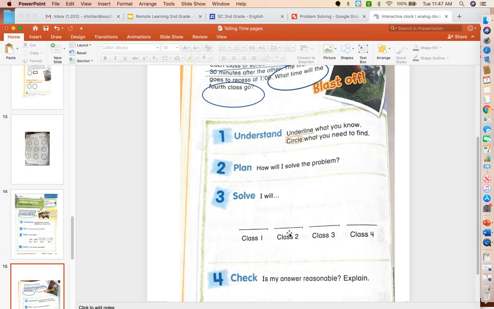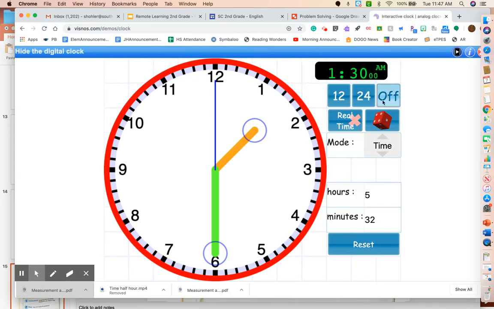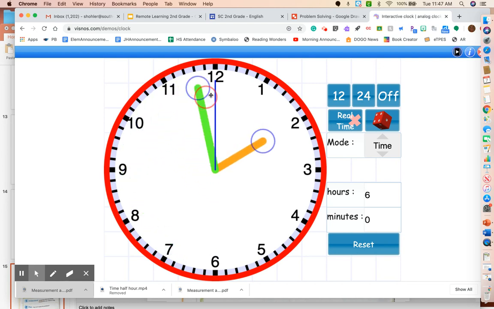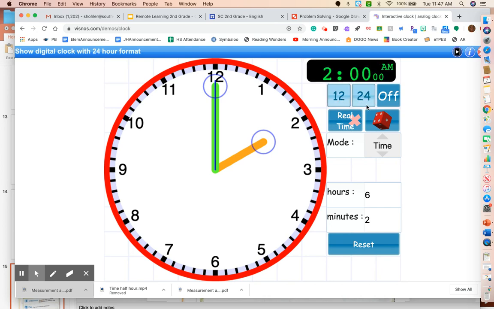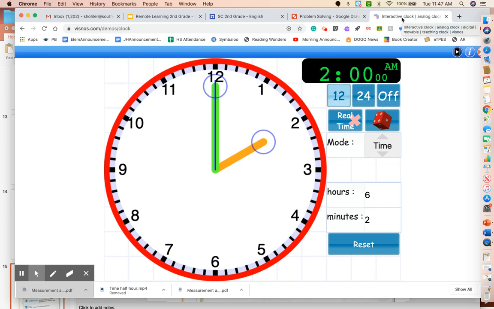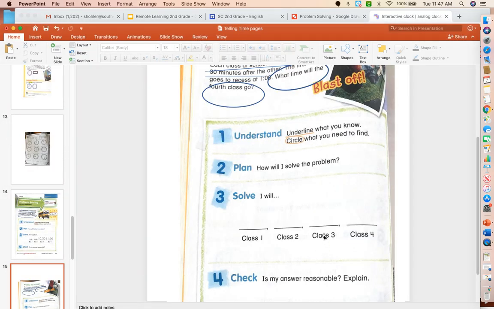So our second line, class 2, will go at 1:30. Next is class 3. We're going another half hour. What time do you think? 2 o'clock. You are right, I hope. So in class number 3, it should say 2 o'clock right here.